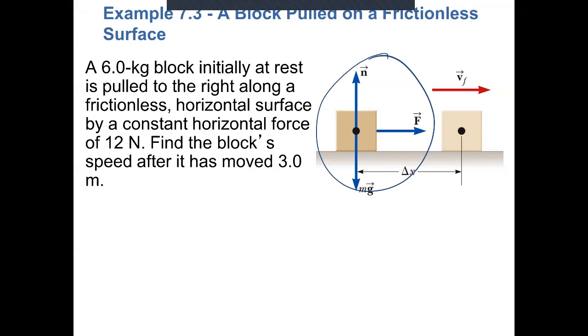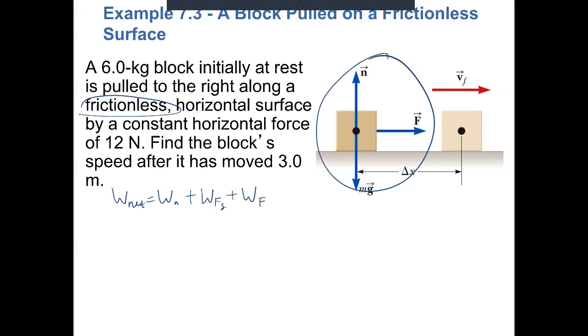A block, you have 3 forces acting on it, and it's moving to the right a distance of 3 meters. So technically, the net work is the work done by the normal force plus the work done by the gravitational force plus the work done by the applied force. Frictionless means there is no friction, but I have the normal force and gravity.